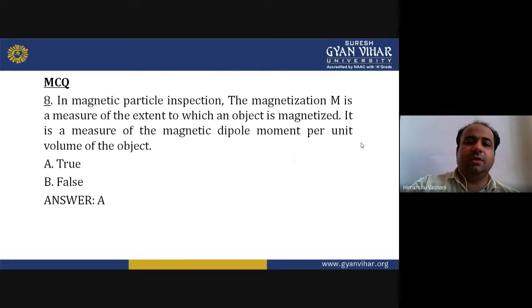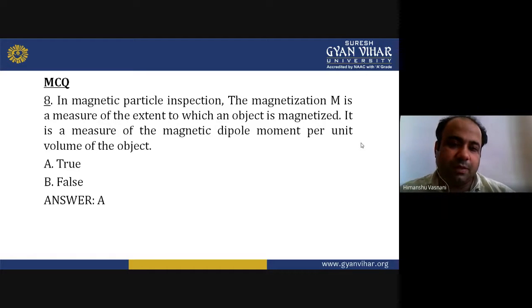Next. In magnetic particle inspection, the magnetization, capital M, is a measure of the extent to which an object is magnetized. It is a measure of the magnetic dipole moment per unit volume of the object.